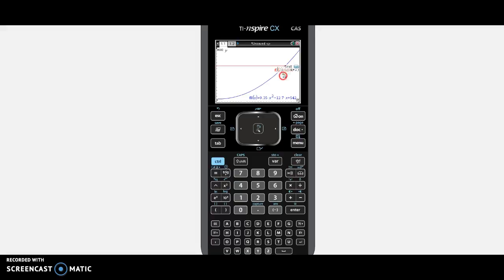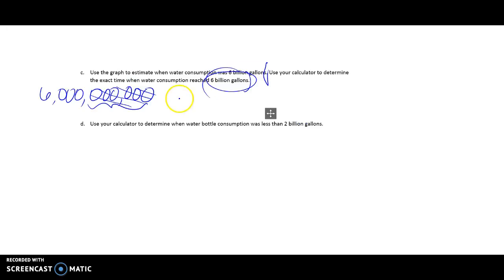And here is my intersection. So I can see here without estimating that the exact time that we hit 6 billion gallons of water is 24.8501. I would come over here and say that that's when x equals 24.8501 years after 1977, since that's when we started.